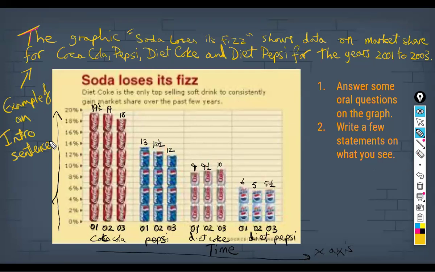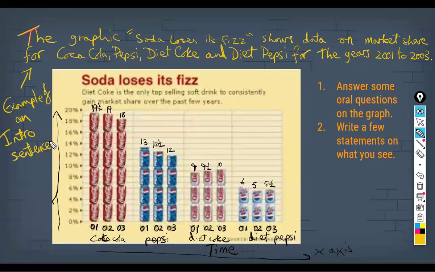Then afterwards, you could tell me about the observations. But the first thing when you're starting a statistical report, you have to be able to produce a sentence like this. Okay, so take down the example, and then I'm going to ask you to do one more example before we go for break.